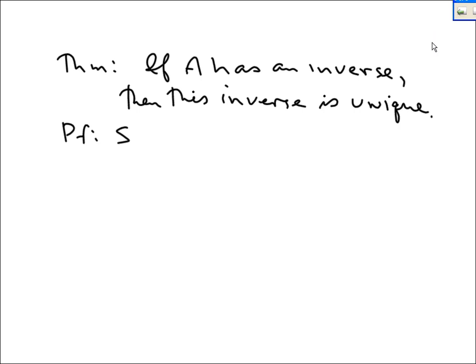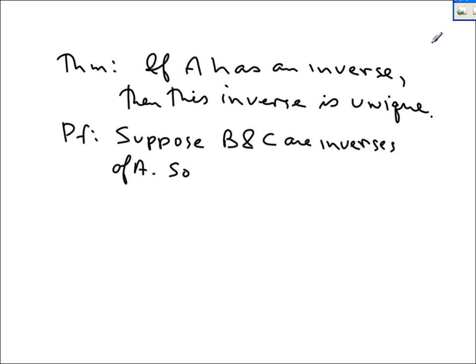Proof. Suppose B and C are inverses of A. So BA is the identity matrix and AC is the identity matrix.